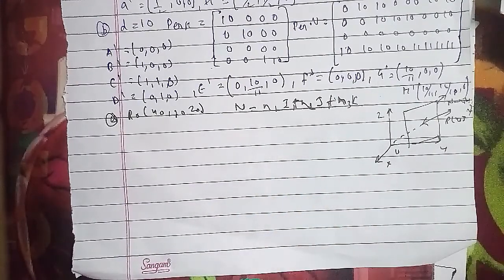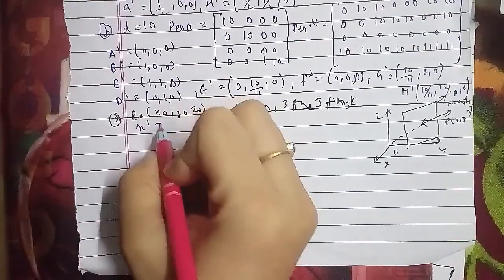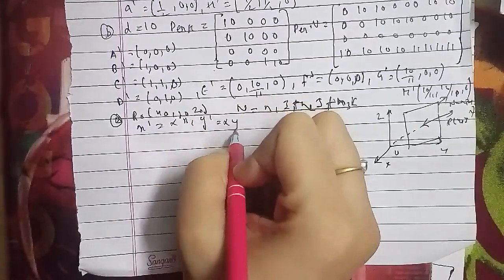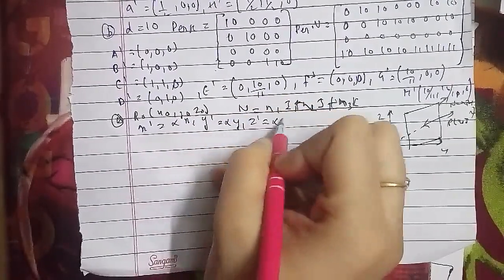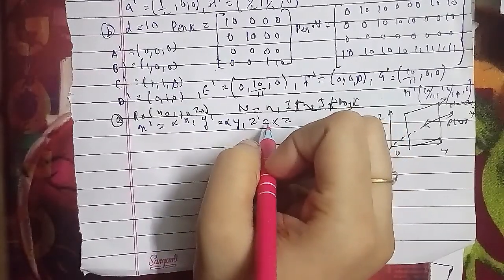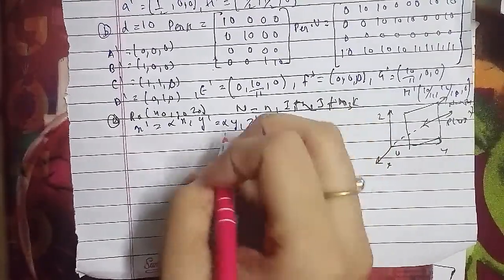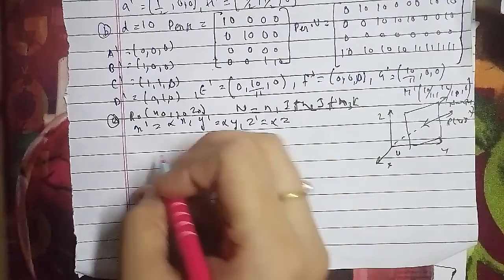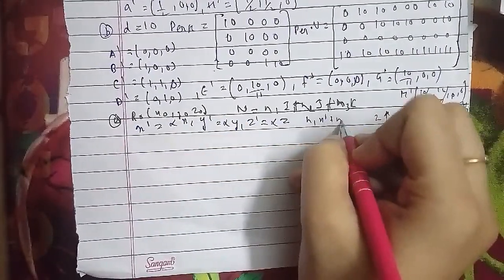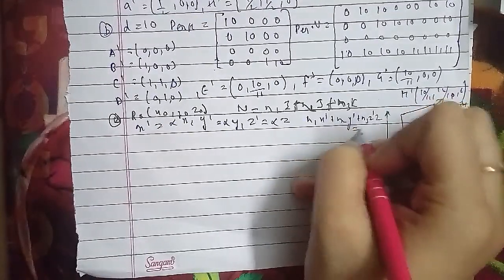Comparing the components, we have x dash equals alpha x, y dash equals alpha y, and z dash equals alpha z. Now finding the value of alpha: since any point p dash, that is x dash, y dash and z dash, lying on the plane satisfies the equation n1 x dash plus n2 y dash plus n3 z dash equals d naught.